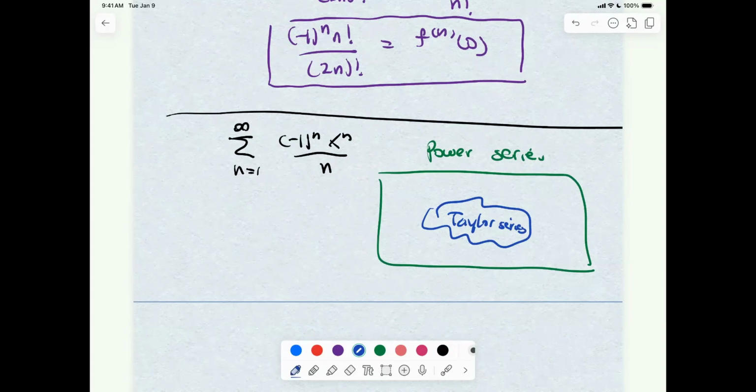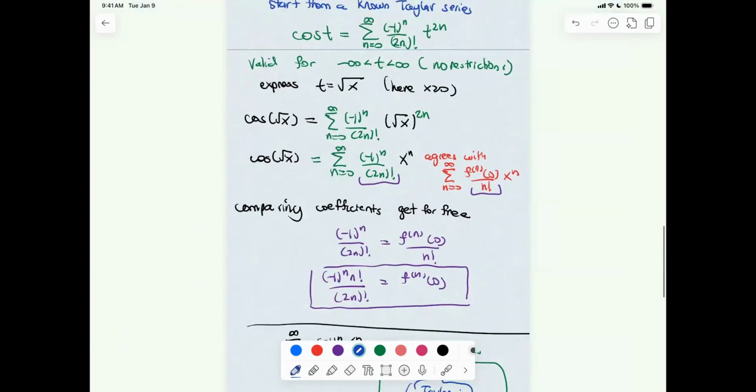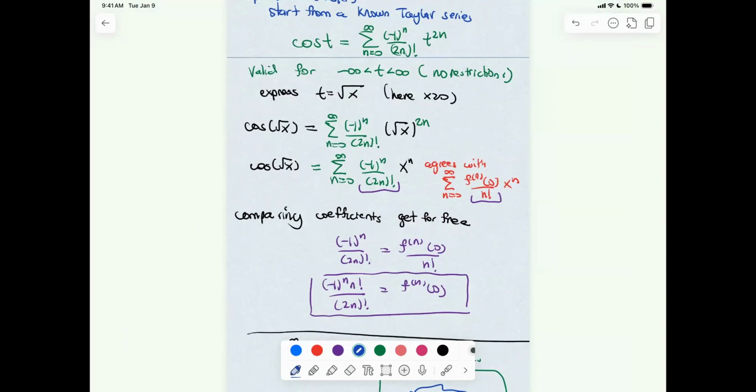Yes. That we have right here. I know that if we did the Taylor series for this function, it would be centered at zero.